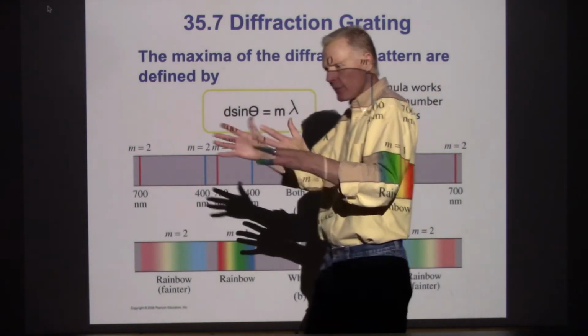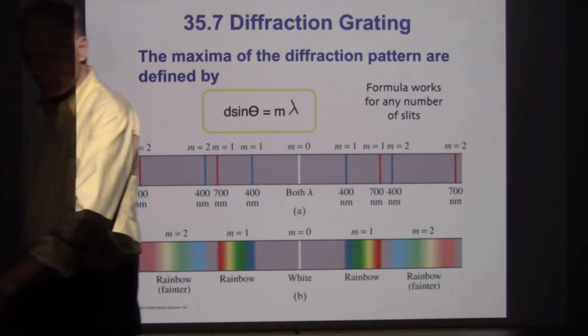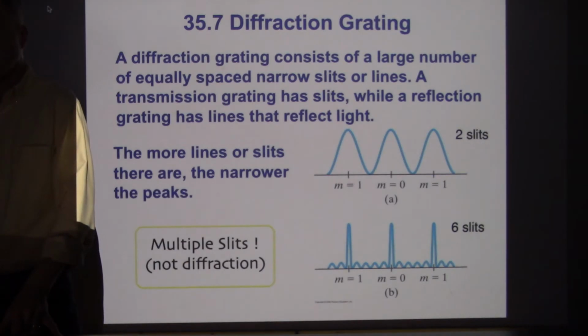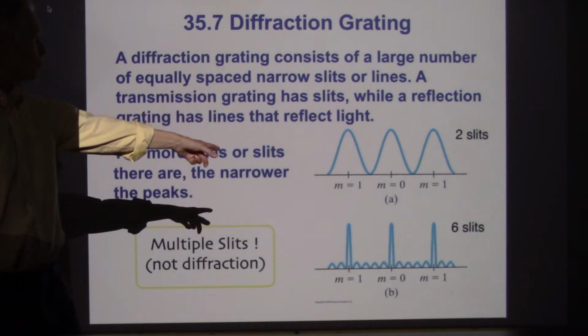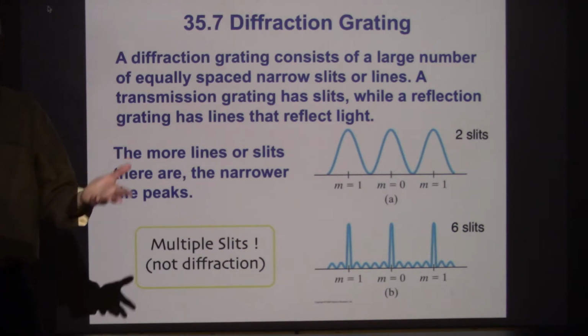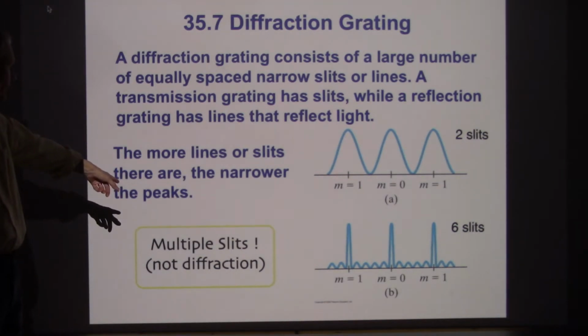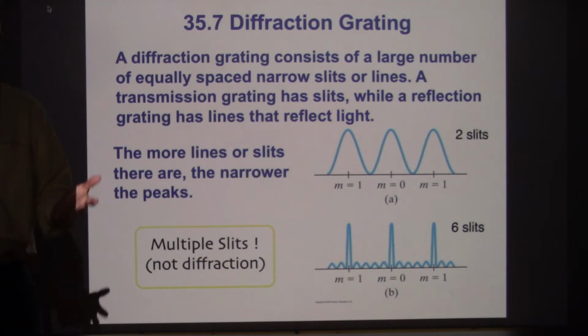So instead of getting the light gradually rising and falling, I get a series of sharp peaks. Remember, that picture was for six slits, but my diffraction grating, my multiple slit device, is going to have hundreds and hundreds of slits, maybe thousands.